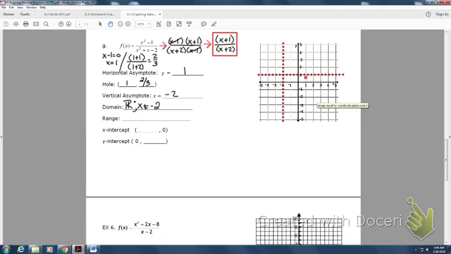Awesome. What two Y values would the range not equal? 1 and 2/3, right? Yes. Awesome.